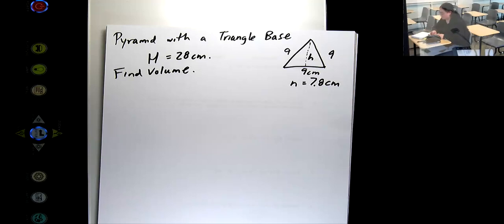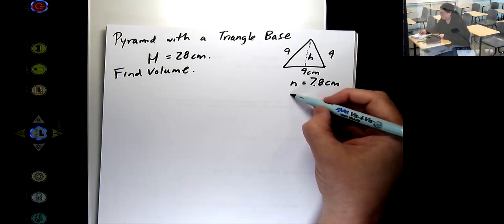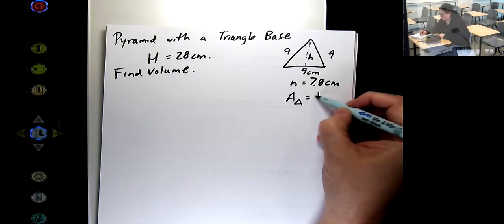How do we get the area of the triangle? The area of a triangle is 1/2 base times height. Little base times little height.